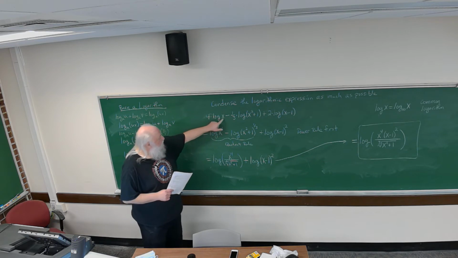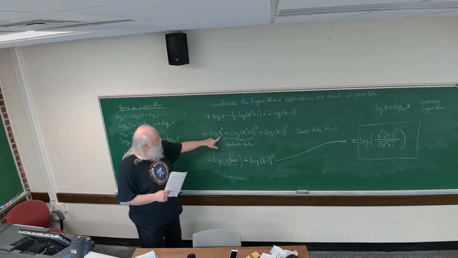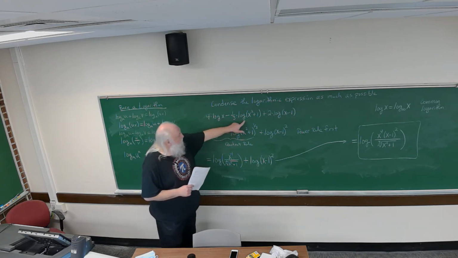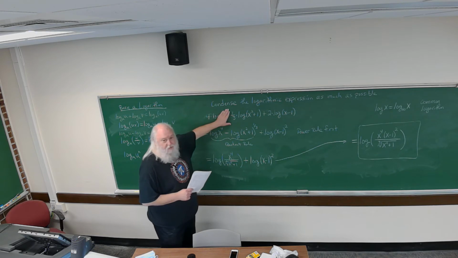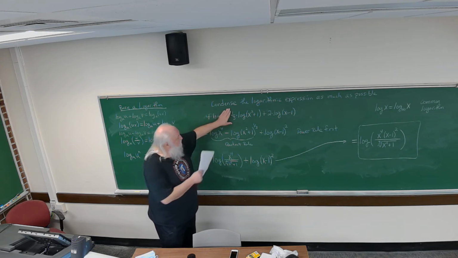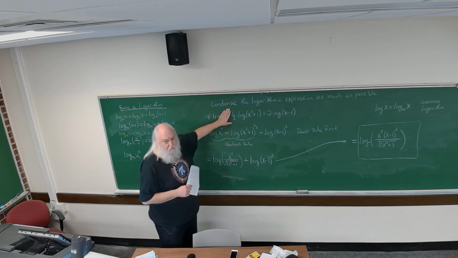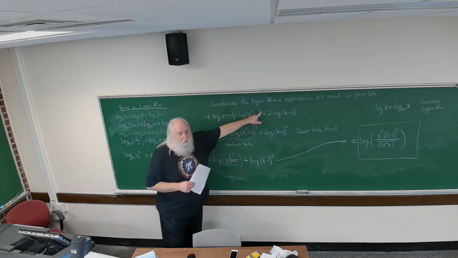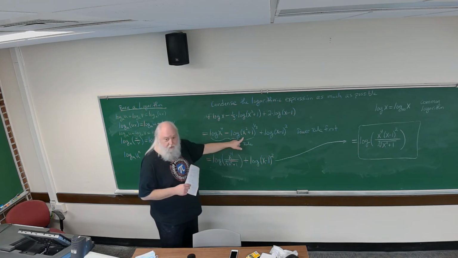This 4 can be brought inside the logarithm and made an exponent on the variable x, which I have done here. In the second term, we can ignore the minus sign for a moment. We have 1/3 times the common log of x squared plus 1. That 1/3 can be brought inside the logarithm and made an exponent on the binomial x squared plus 1, which I've done down here.